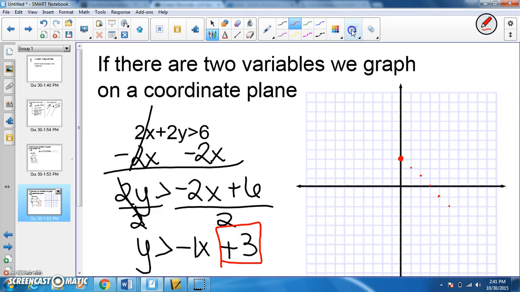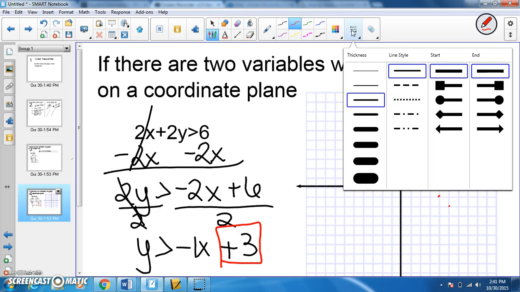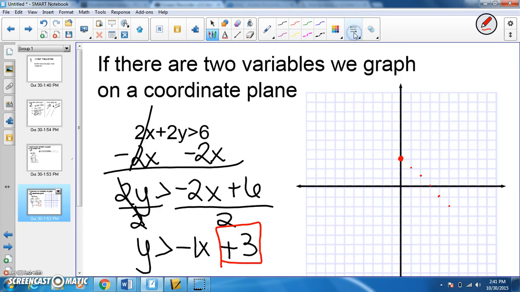I'm going to connect these with a dotted line because I do not have my or equals to. So I'm connecting these with a dotted line.